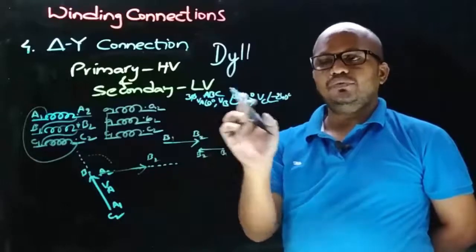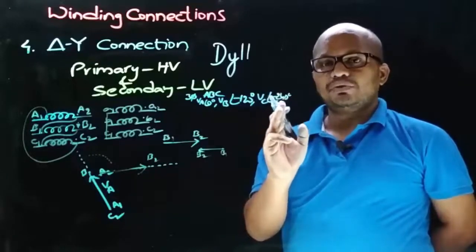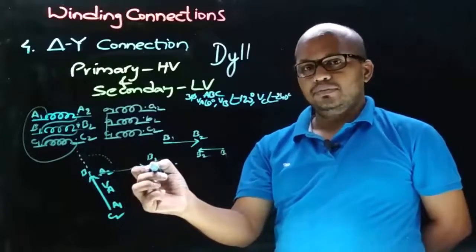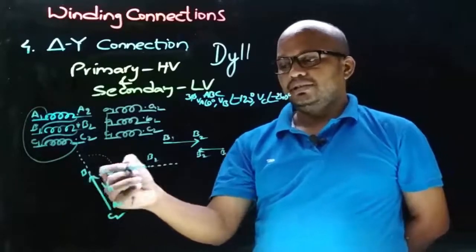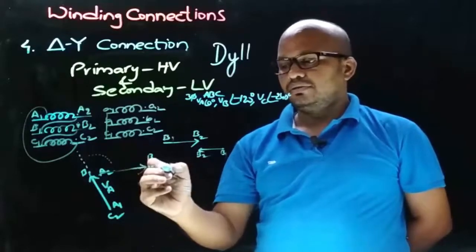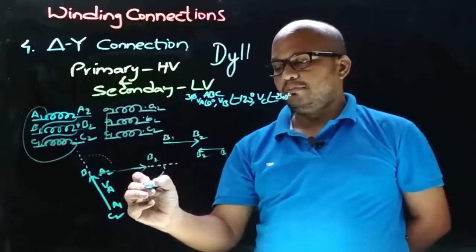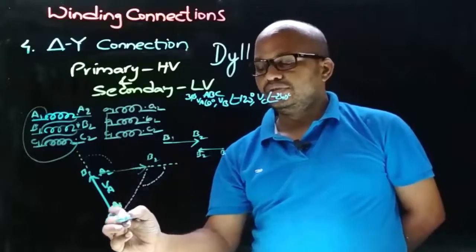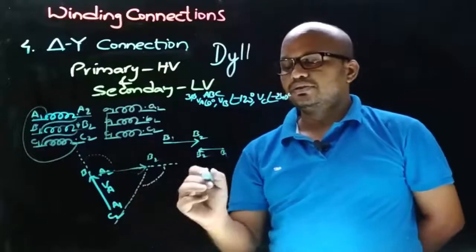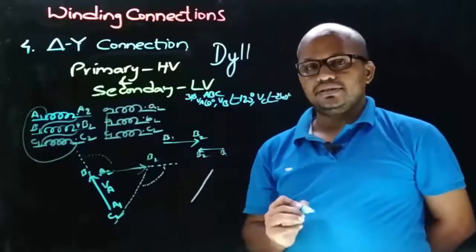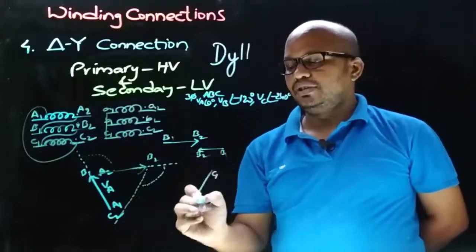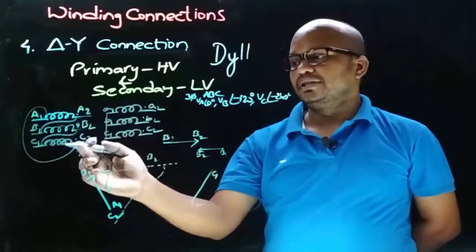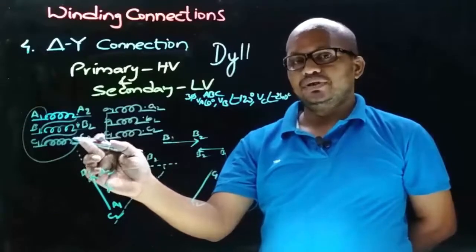And now let's draw the primary side VC phasor, which will be at an angle minus 240 degrees from VA, or we can take at an angle minus 120 degrees from VB. Therefore, as this is the VB phasor, in clockwise direction at an angle minus 120 degrees, let's draw VC. So VC will be in this direction like this. So let's consider VC like this, and let's give the notation C1 and C2, and observe in primary winding connection that C2 is the terminal from which we are taking the connection.